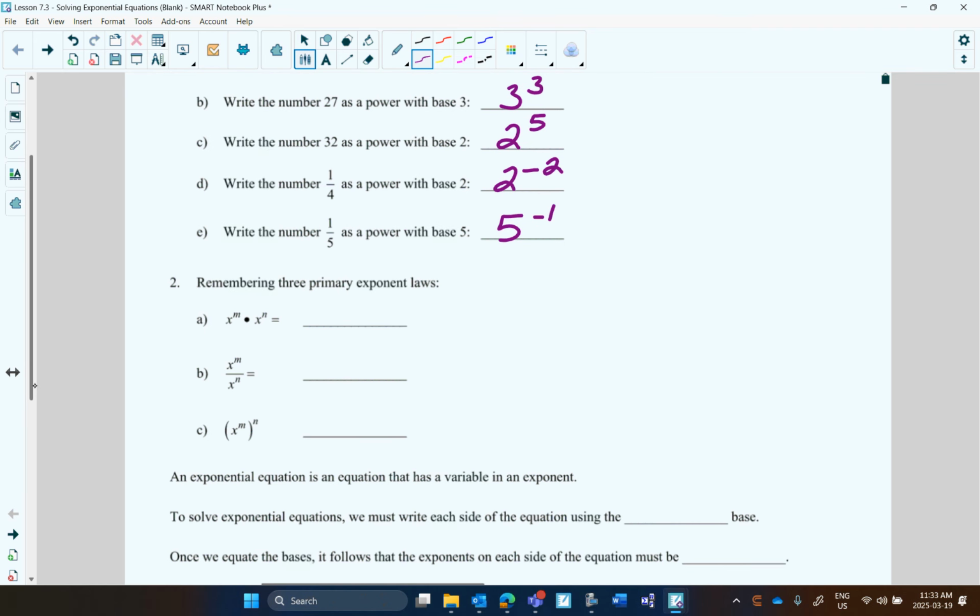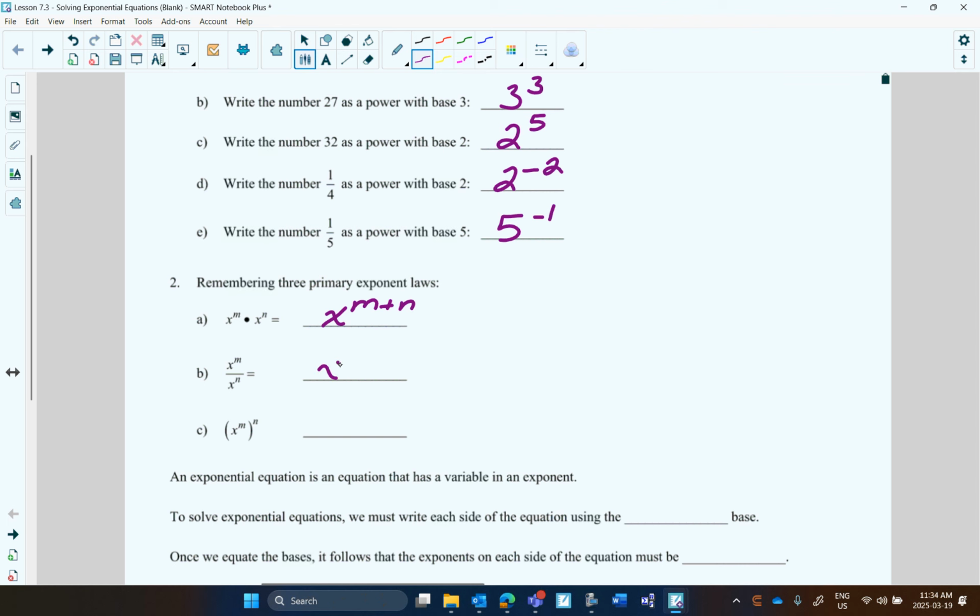The other thing we need to be familiar with is something we first learned way back in grade 9, the 3 main exponent laws. When I multiply 2 powers, the base stays the same, and what do I do with the exponents? Add them. So x to the third times x to the fourth is x to the 7th. Remember, the base has to be part of it.